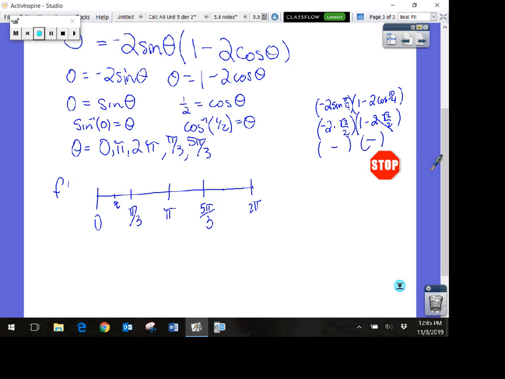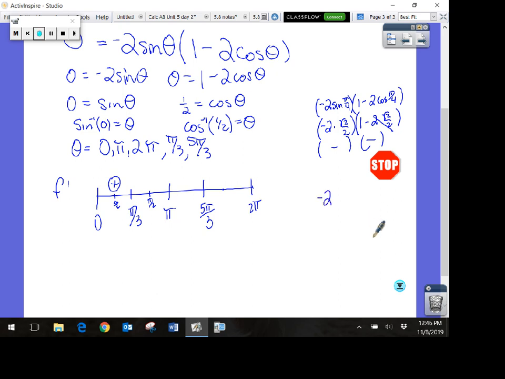So at pi over 4, that section is positive, because the two factors gave me negative times negative. These were my two factors of my F prime chart. All right, between pi over 3 and pi, I would use pi over 2. That's an easy one, you might be able to do that in your head. Okay, I'm going to write it down.